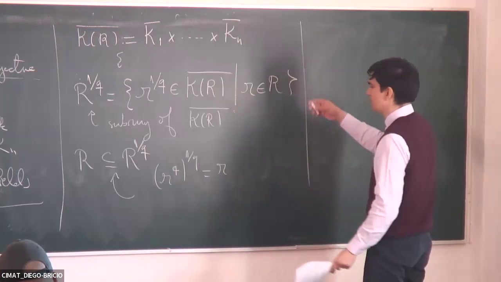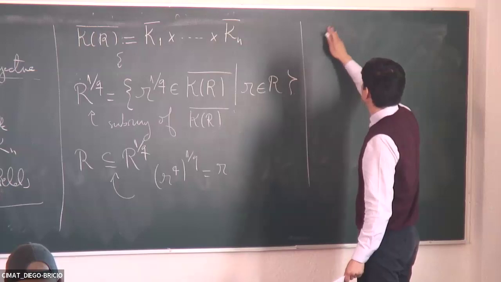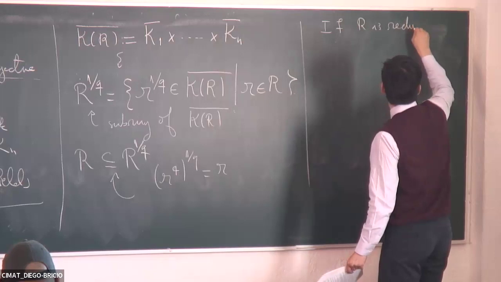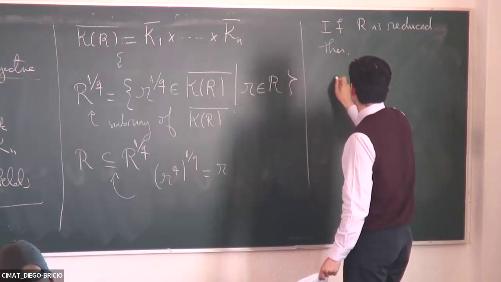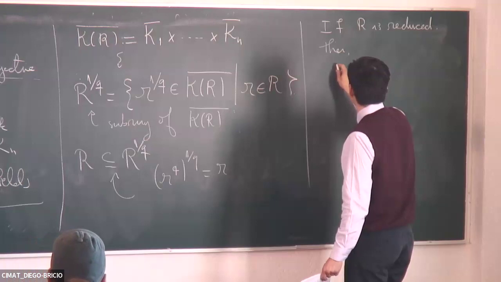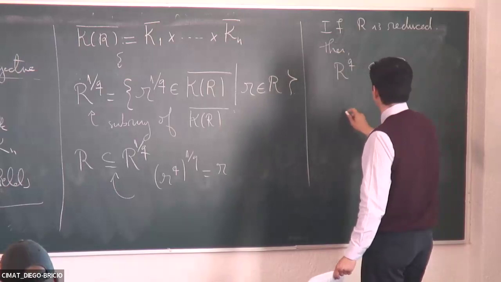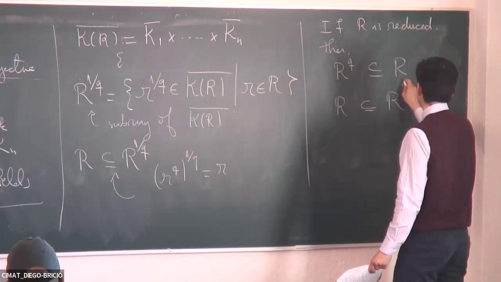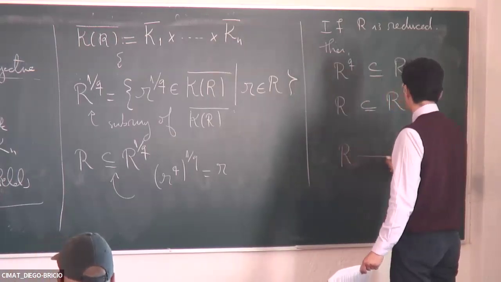And so the point is you have many different notations, right? So if R is reduced, then there are many choices. You can think of Frobenius in many different ways. You can say that you have R^q inside R. You have, well, this one. And then you have Frobenius itself.